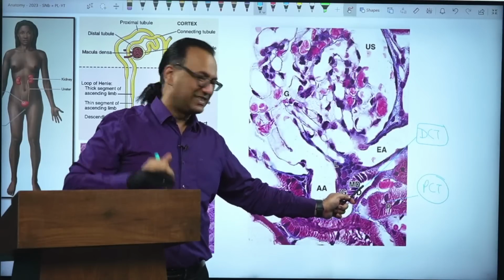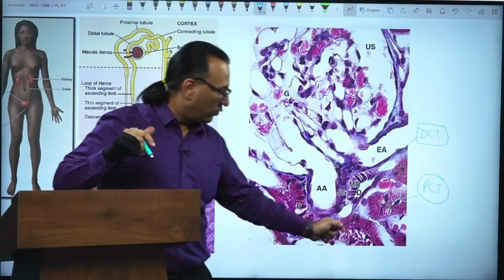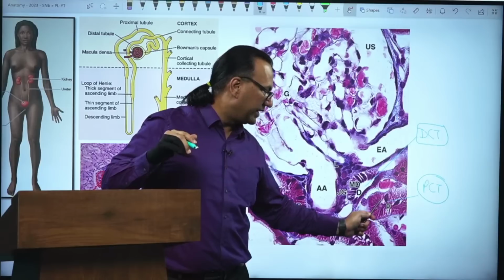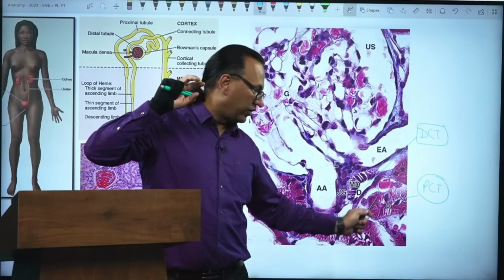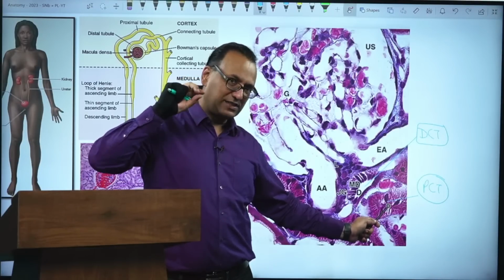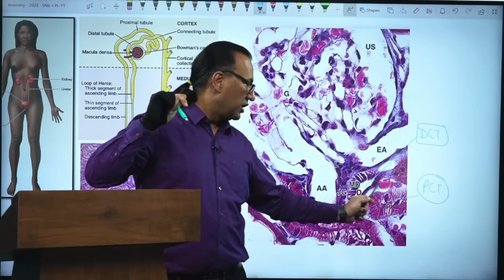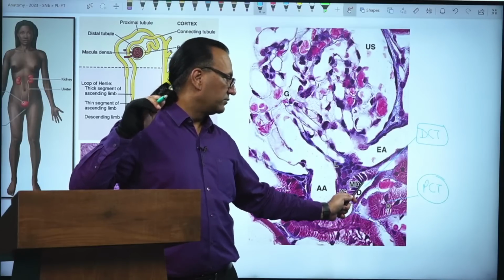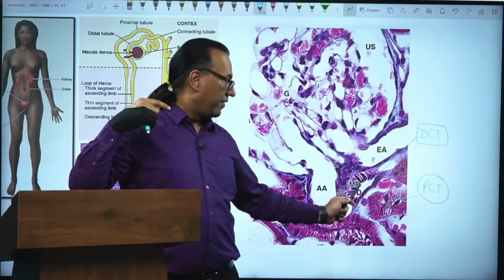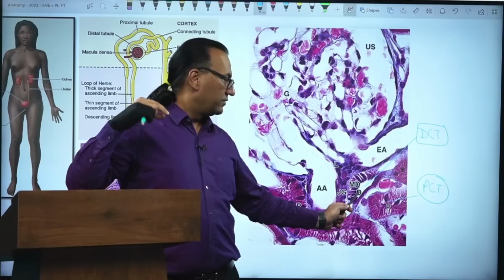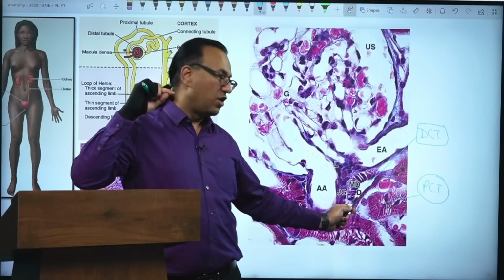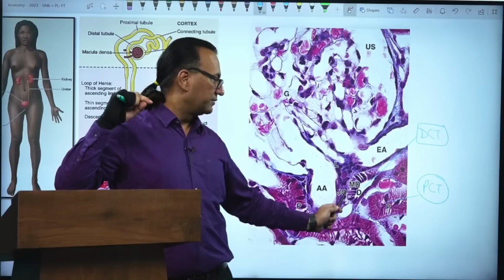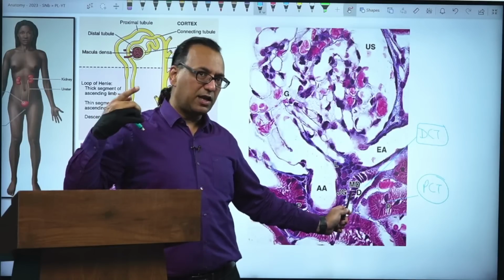Because it has a clear lumen. And how do you know it is the PCT? Because the lumen is not clear. A lot of microvilli, so a less evident lumen, and here fewer microvilli, so a more evident lumen. Now in the DCT, there are cuboidal cells modified as columnar cells, becoming what is called the macula densa.